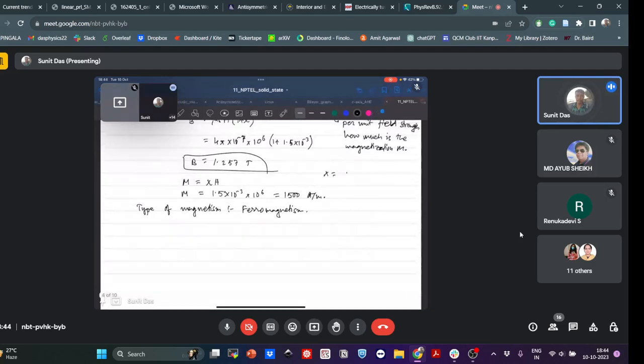So 1.5 into 10 to the power minus 3. First of all, this is positive, that means it can only be paramagnetism or ferromagnetism, and it is actually 0.0015. So it is not very high but not very low, so we can say it is ferromagnetism.